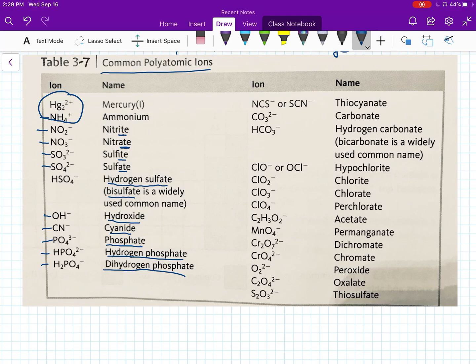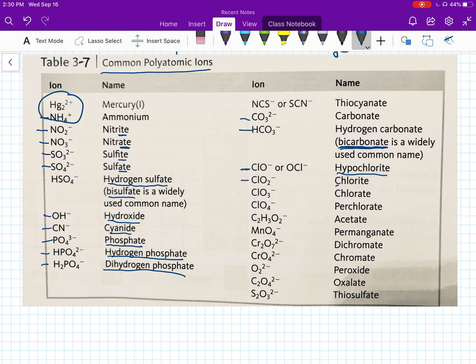Okay, we have a whole bunch of other ones on the right side as well. Let's see, I'm just going to show the really important ones. Carbonate, CO3 2 minus. Bicarbonate, HCO3 minus. Almost nobody calls that hydrogen carbonate, so you'll see it often as bicarbonate. ClO minus, sometimes written OCl minus, they mean the same thing, that's hypochlorite.